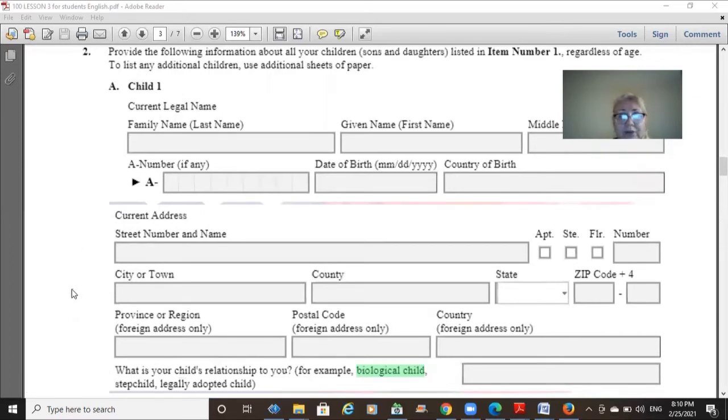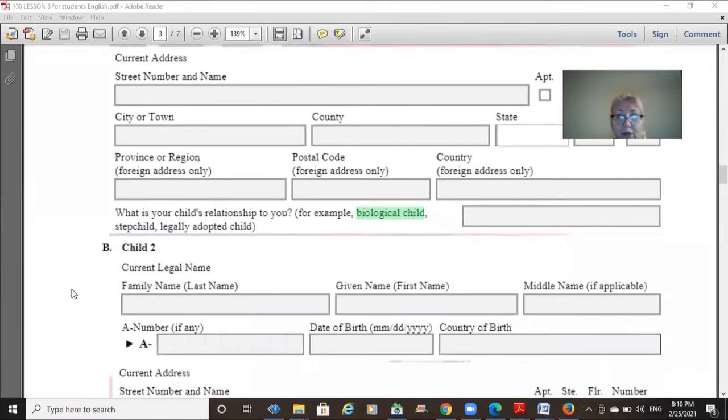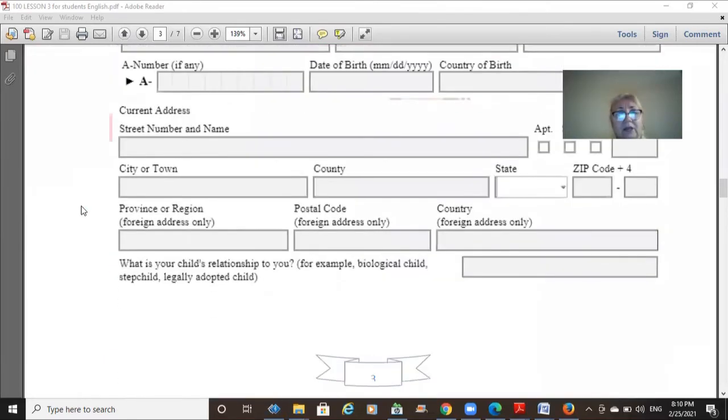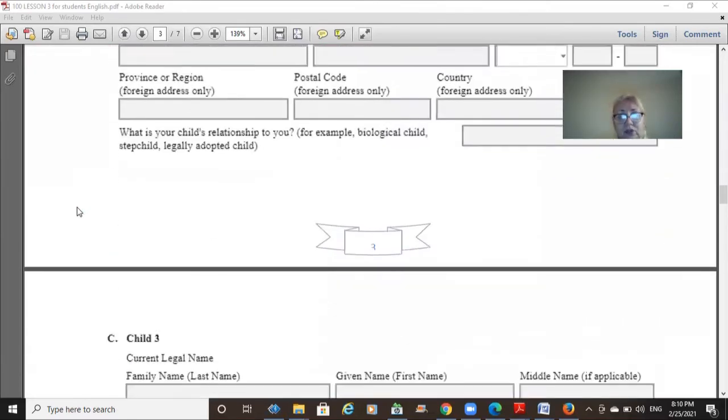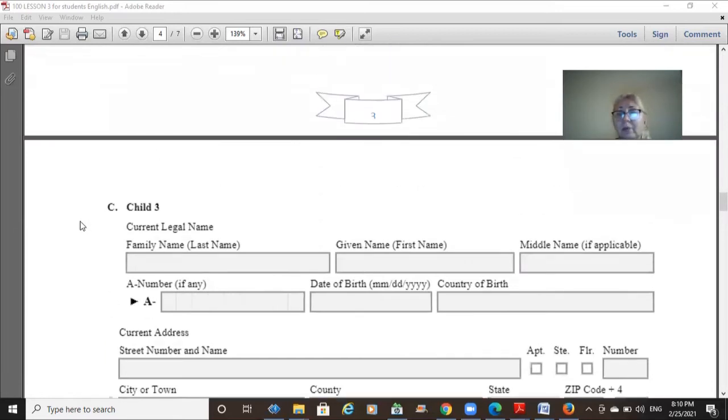Whether the officer is going to ask you about each one of them, it depends on the officer. They can pick any child out of the list of children you provide and ask about that particular child. So they may say, let's talk about Olga or Jose, or let's talk about Faride.